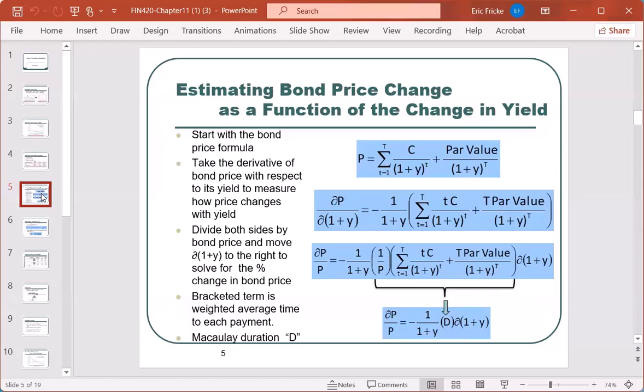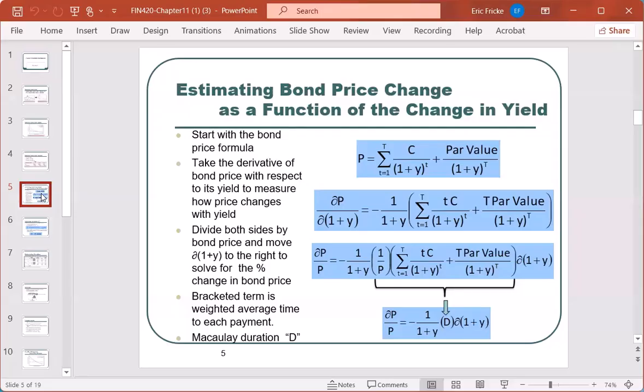If you ever had calculus, a big thing in calculus is calculating the derivative of an equation, which allows you to calculate how much something changes with respect to a change in something else.